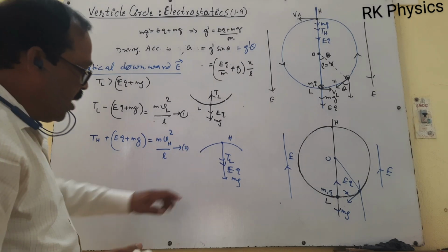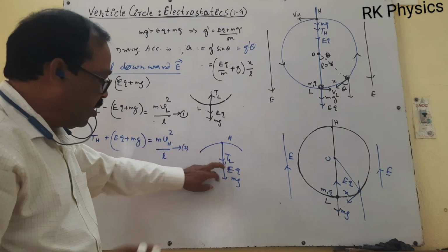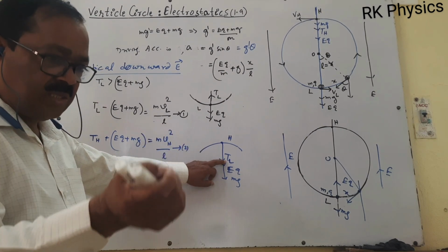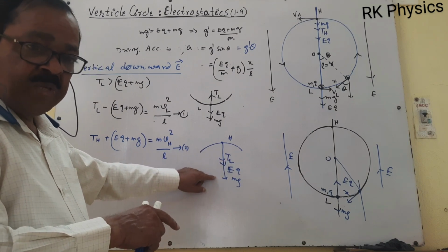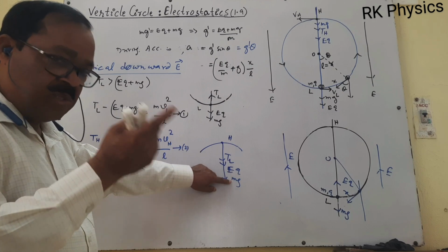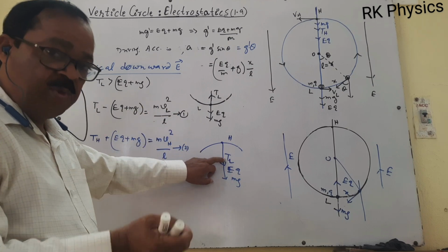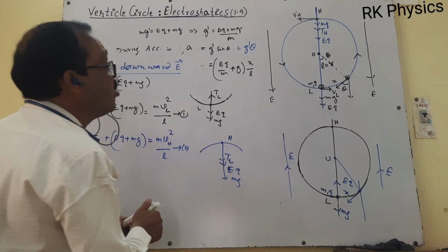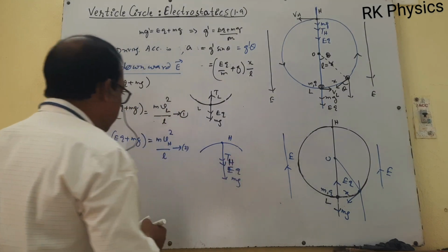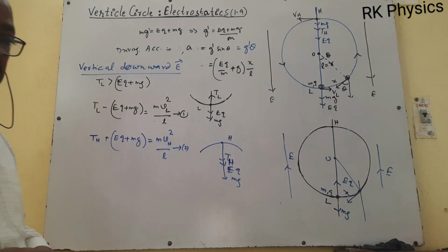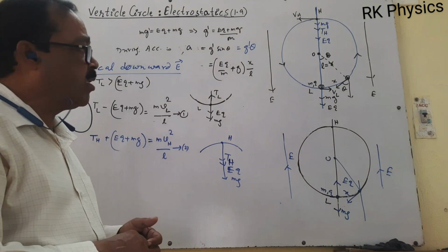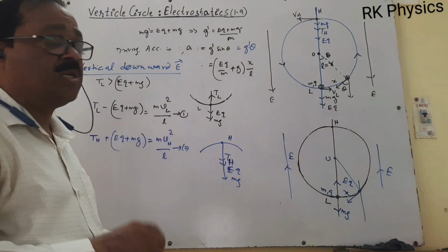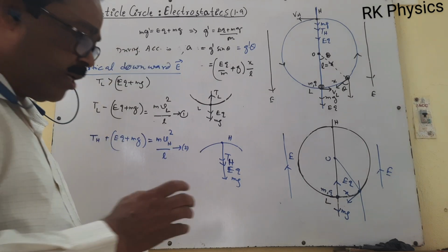That means if EQ and mg are large, then the contribution of TH is negligible. They are all in the downward direction. If EQ and mg are large, then the contribution of TH is very small, because we know that for just completing the vertical circle, at the highest point TH tends to 0.